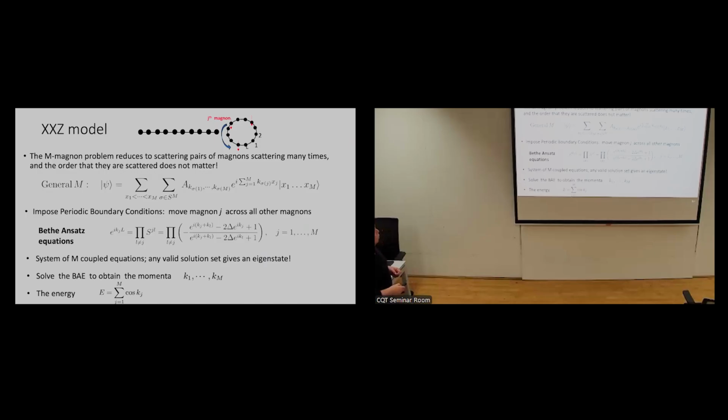Okay, so now that we have a consistent wave function, a consistent eigenfunction, we can impose periodic boundary conditions. We take this chain and identify this state with this state, and we get a closed ring.